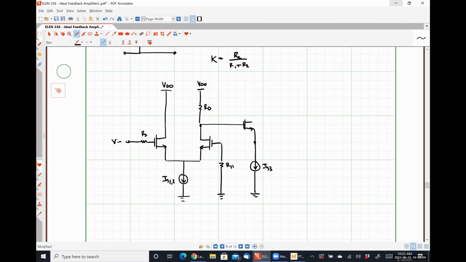Here is IS3. This resistor is going to be RL in parallel with R22, just so I don't have to keep drawing resistors. But my resistor R22 is connected between the output and ground. Here's transistor M3. And finally, here is my output.